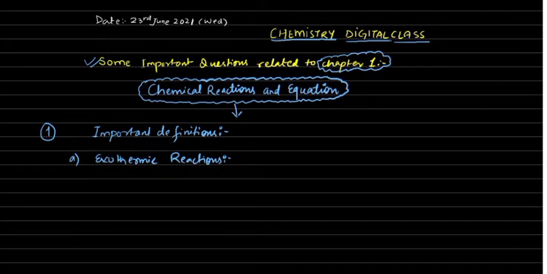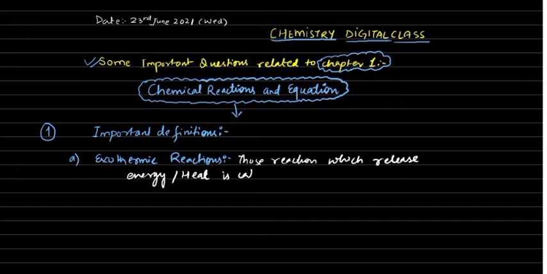Those reactions which release energy, or we can say heat, are called exothermic reactions. For example, from our daily life, the combination reaction is an example of an exothermic reaction.